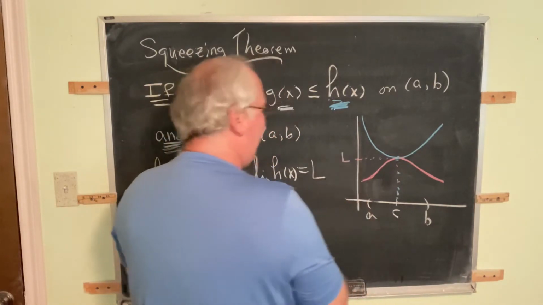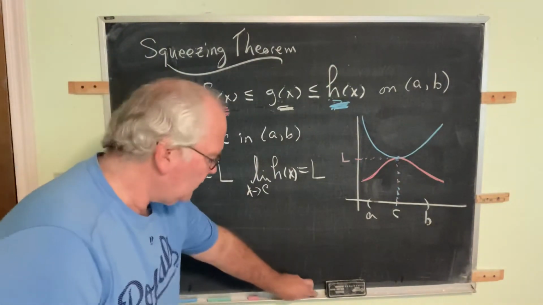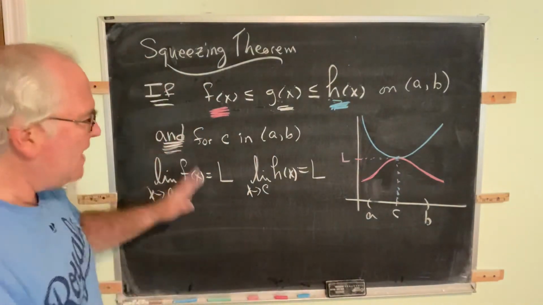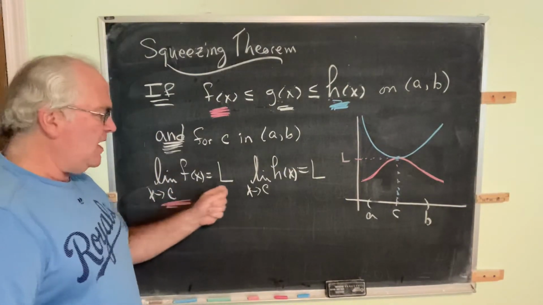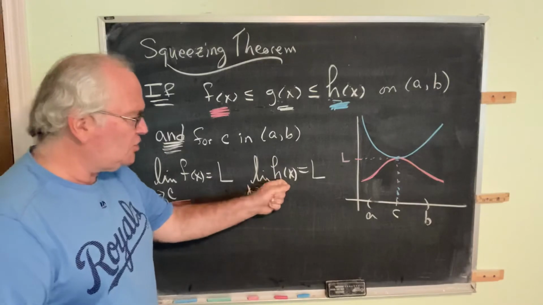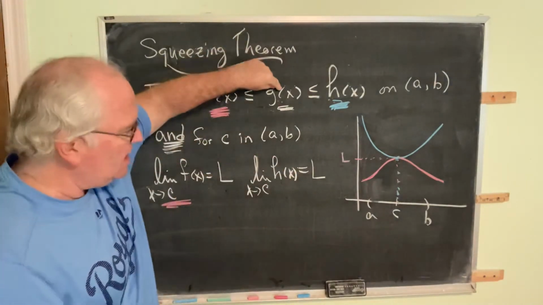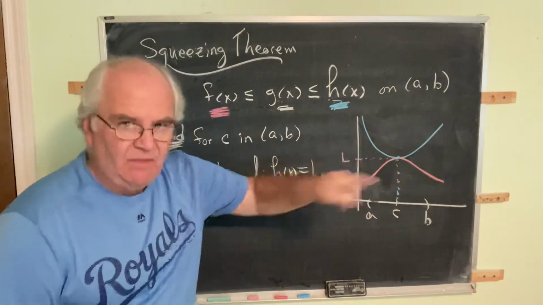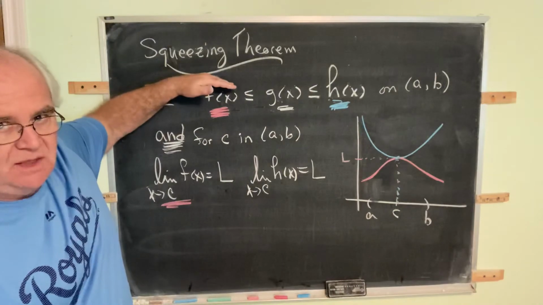It's kind of both red and blue. So that's the setup. We know that f goes to L. We know that h goes to L. And we know that g is captured in between them.